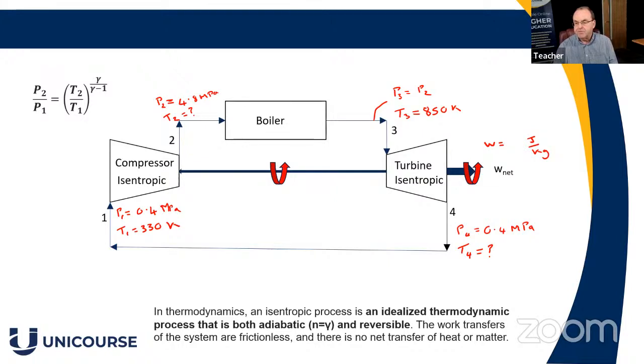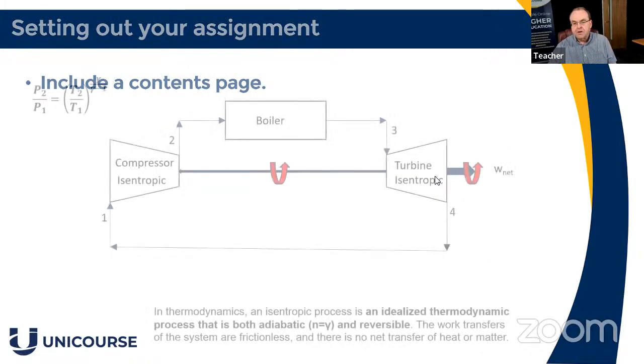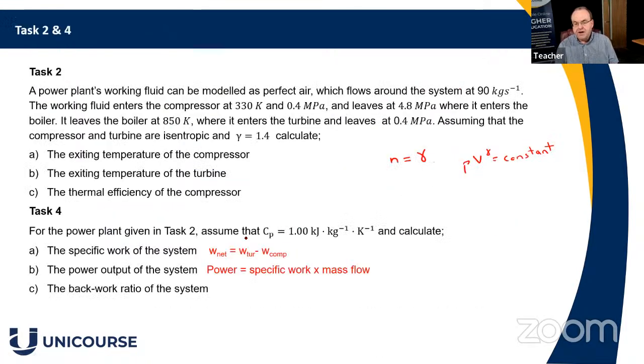We've got to be careful because the turbine will do a certain amount of work, but some of that work is used to drive the compressor. So the net work out is simply the turbine work less the compressor work. What we've got left is the difference to do some useful work in driving something like a generator. So the net work is simply the turbine work minus the compressor work.